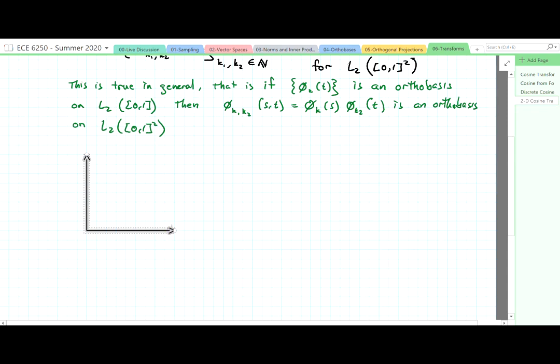We have our space from 0 to 1, like so, approximately 1, 1, 0.